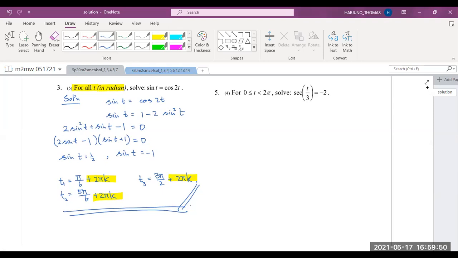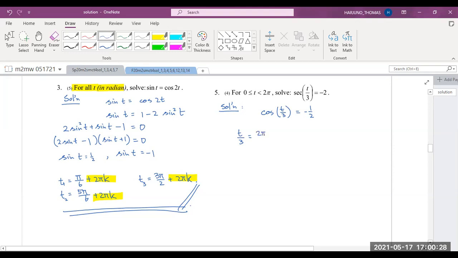Number 5. For angle in the first interval from 0 to 2 pi, it means the t is in radian. Secant t over 3 is negative 2. So cosine t over 3, therefore, is the reciprocal, right? Now, t over 3 must be in quadrant 2 and quadrant 3. In quadrant 2, that is equivalent to 60 degrees.